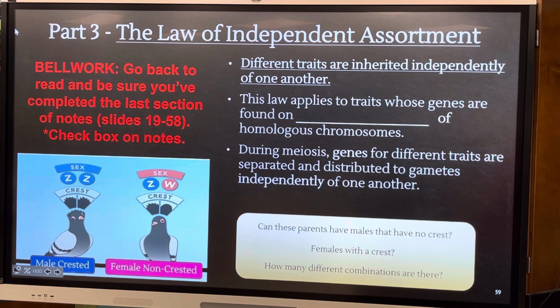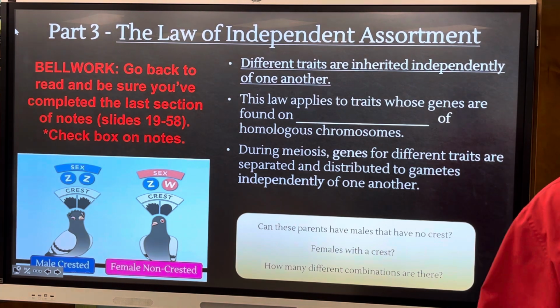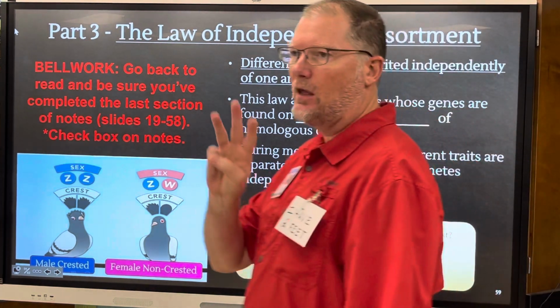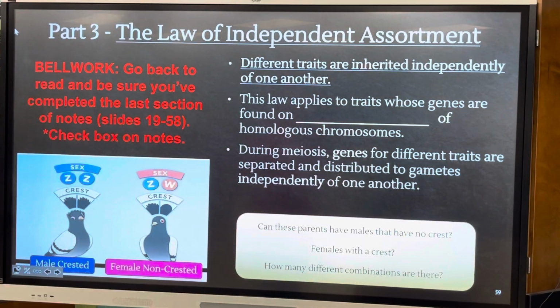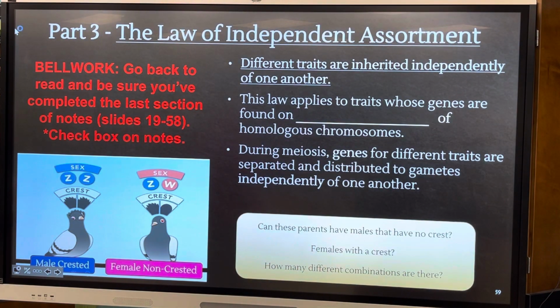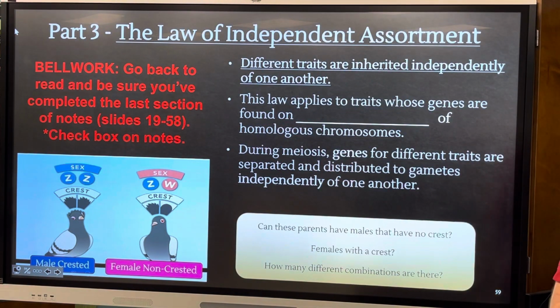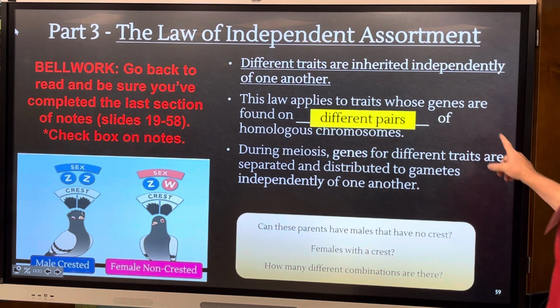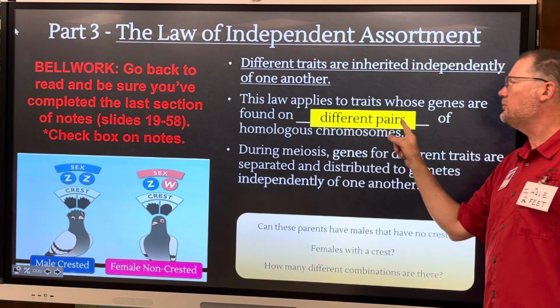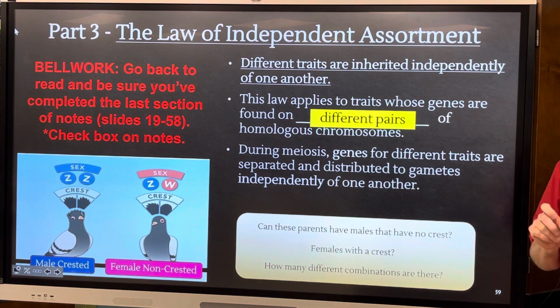So we're talking about the law of independent assortment now. This is the third of the 3 laws that Gregor Mendel came up with. And this states that different traits are inherited independently of one another. It applies to traits whose genes are found on different pairs of homologous chromosomes.